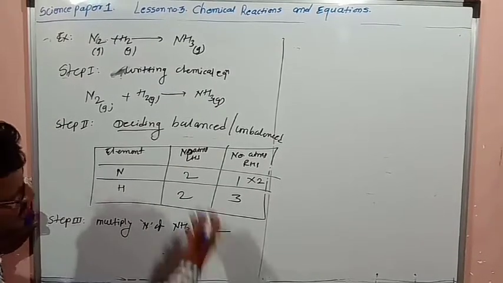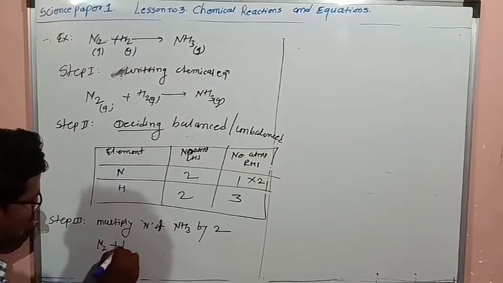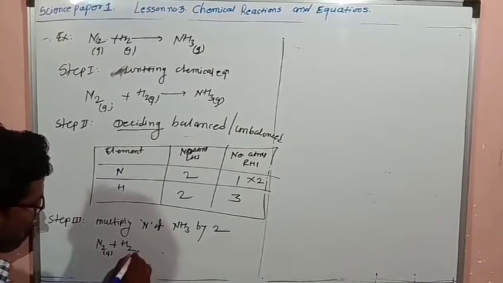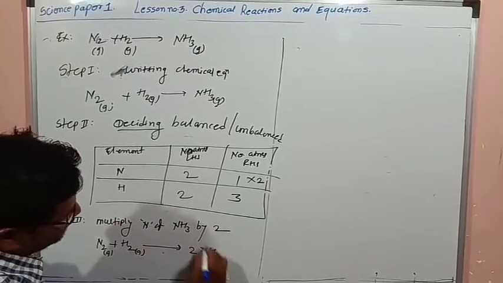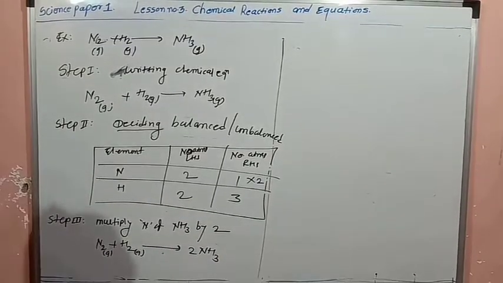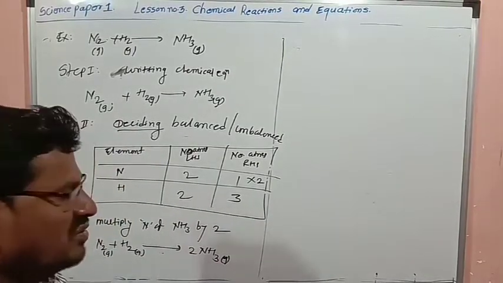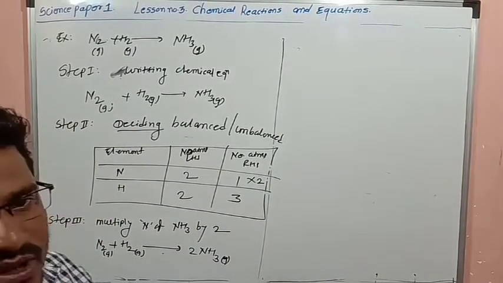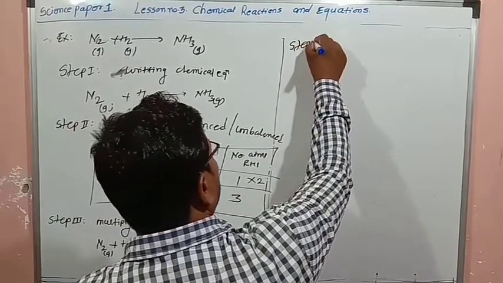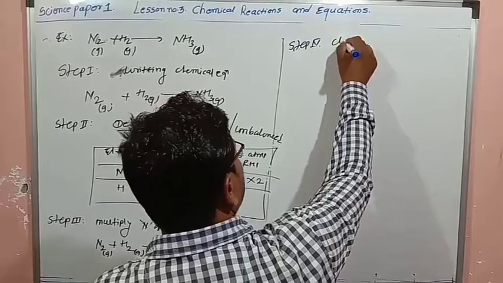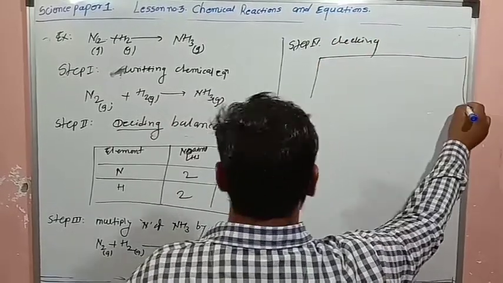If you multiply there, then it will become N2 plus H2, both gaseous, it will get converted to twice NH3, this one also gaseous. After this also you have to check whether this chemical equation is balanced or unbalanced. Step number 4 is checking. In that checking, again you have to make a table.